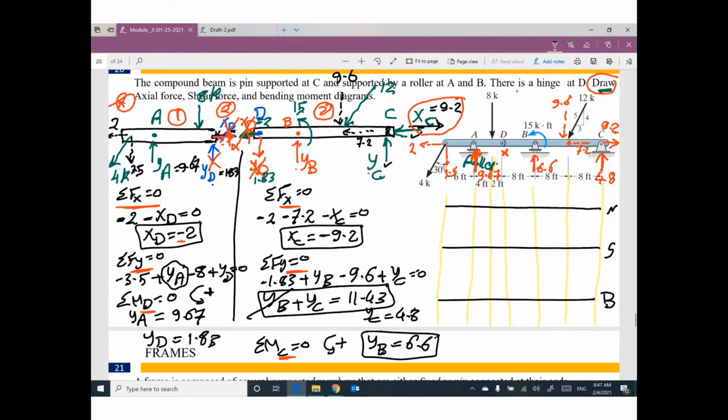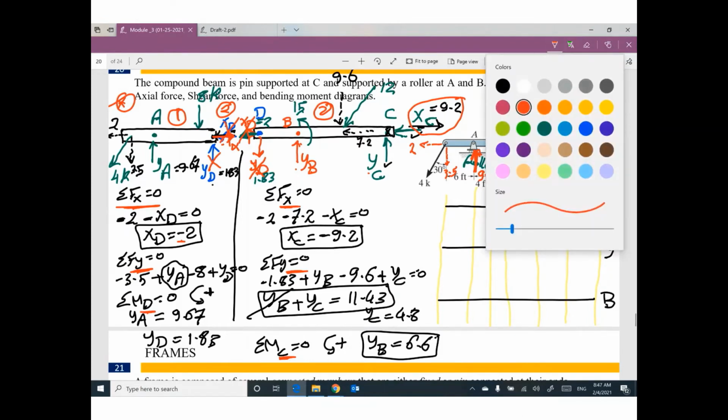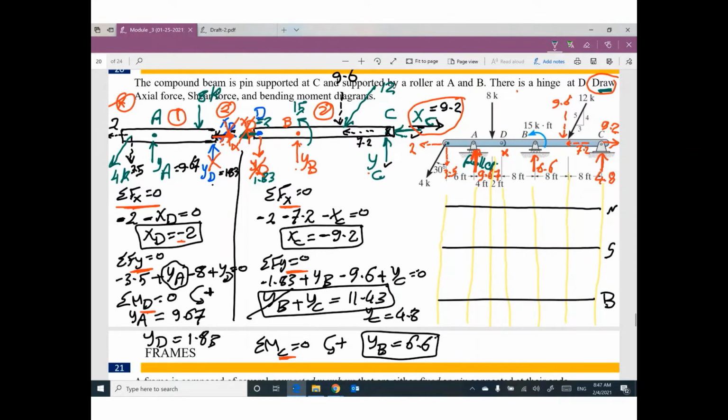Let's start with the normal, which I'm gonna start from the left. Do you have any force pulling or pushing this beam? Yes, we have. How much? 2. So we have positive 2. Please walk constant.